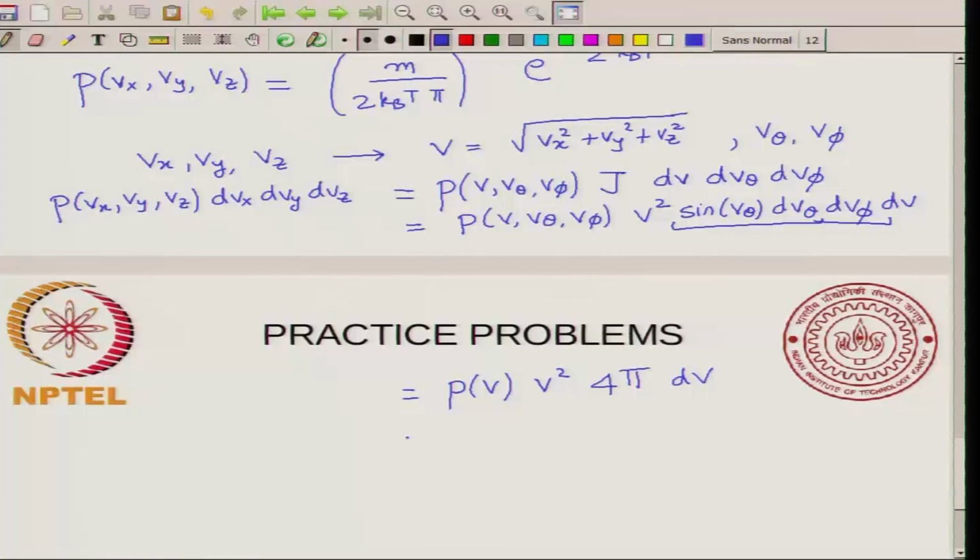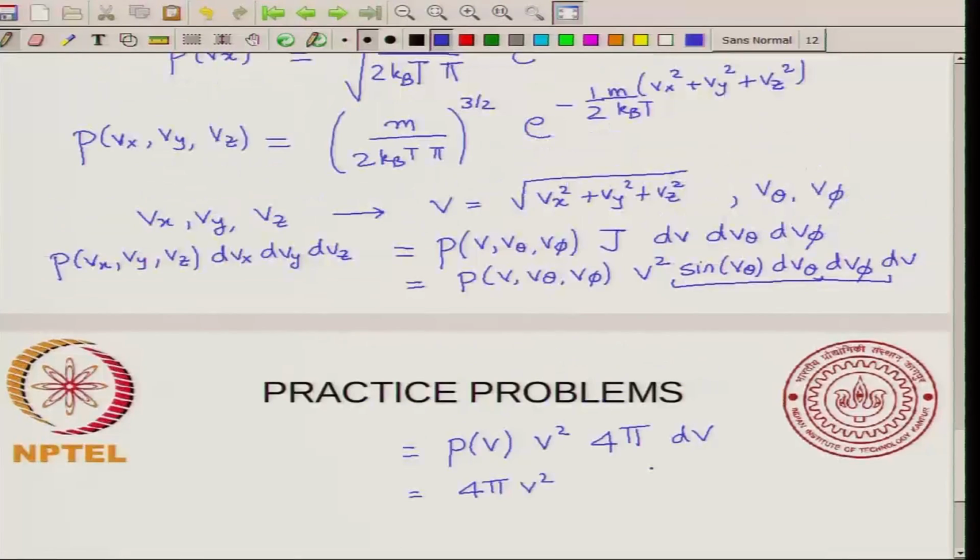Now I can write this as 4 pi v square times p of v, which you can get by looking at the expression. We notice that the whole expression is just a function of v square.